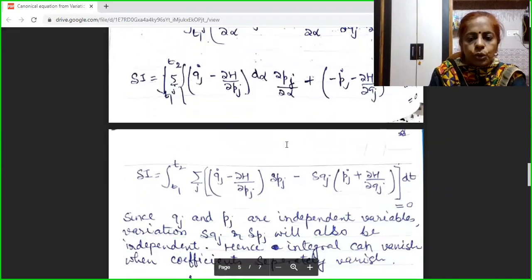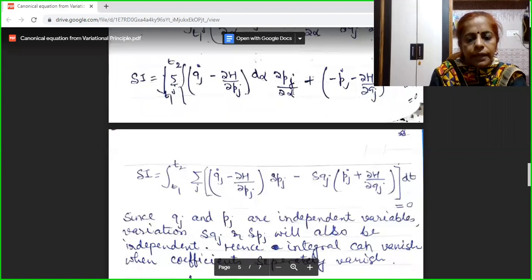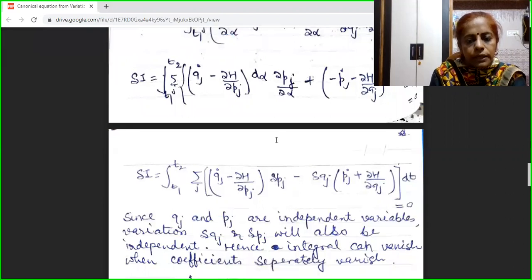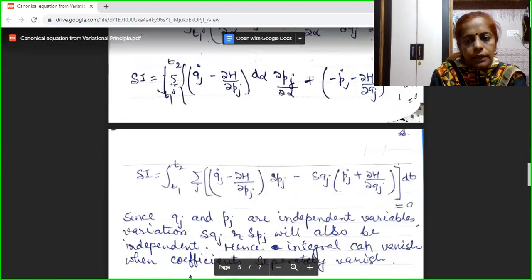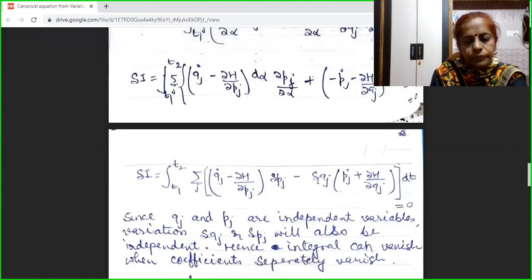Now, since we know that d alpha del by del alpha is equal to the variation del, I have substituted this to be del. So I now have two terms.